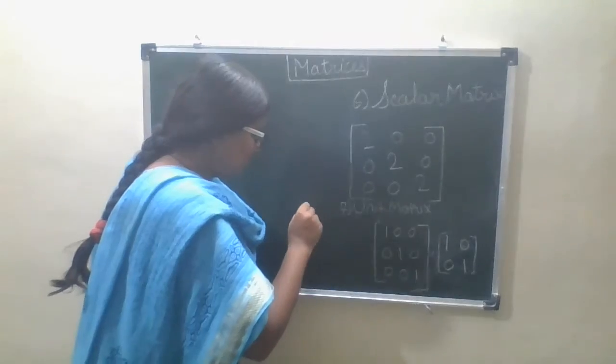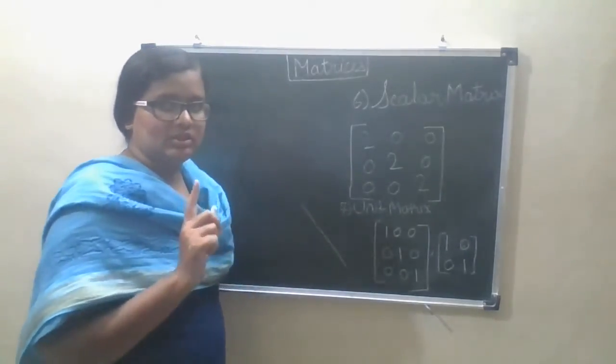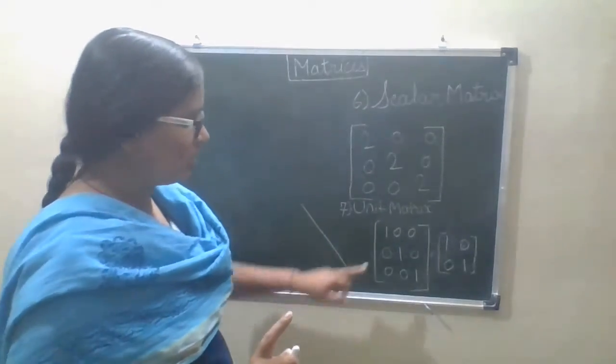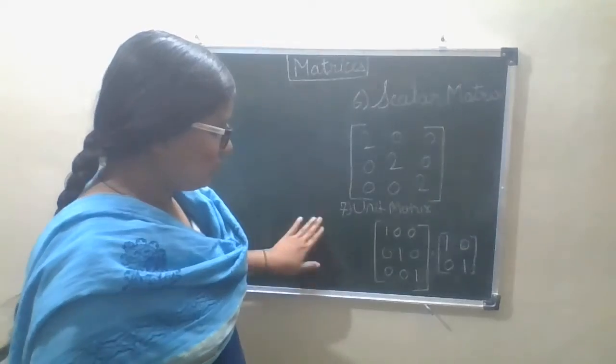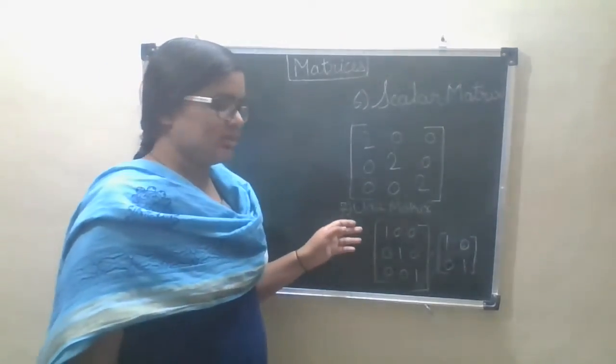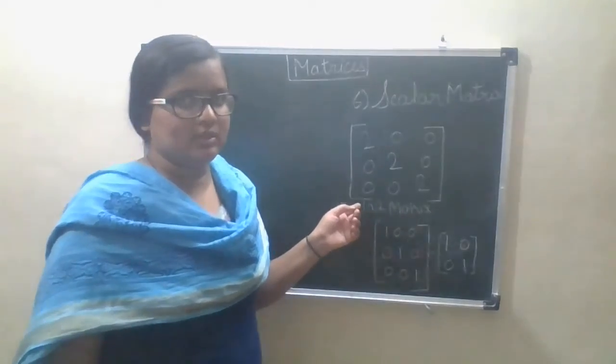The diagonal elements have the digit one. That is called a unit matrix or a unitary matrix.